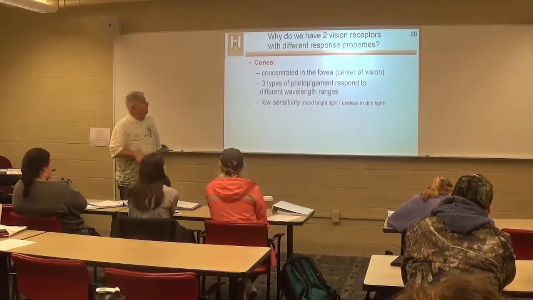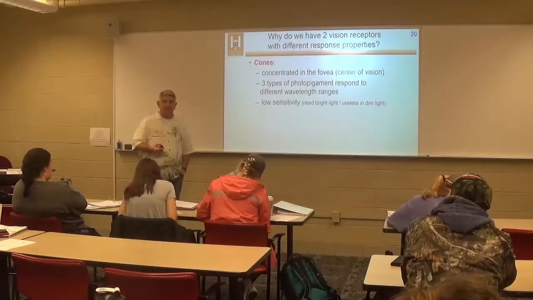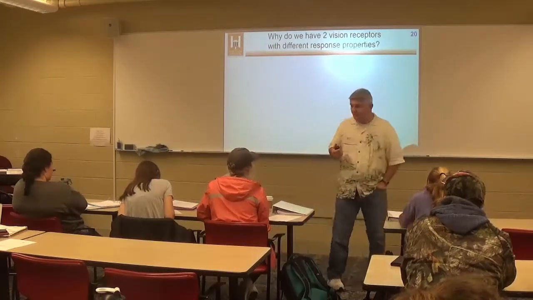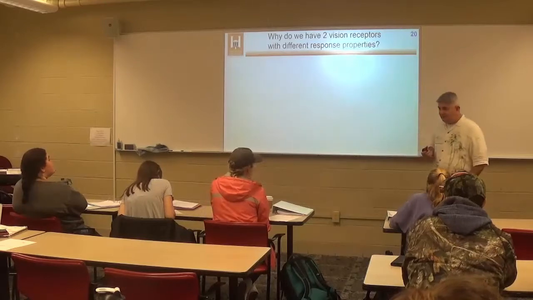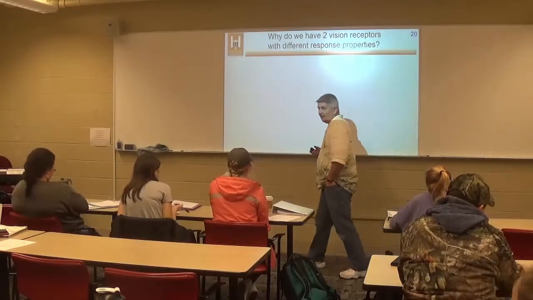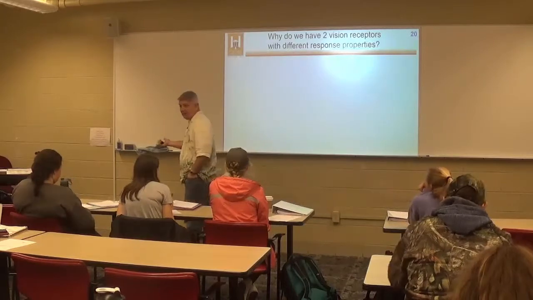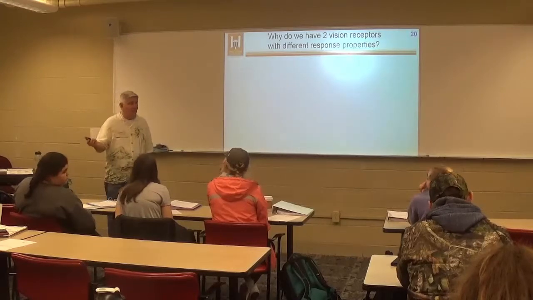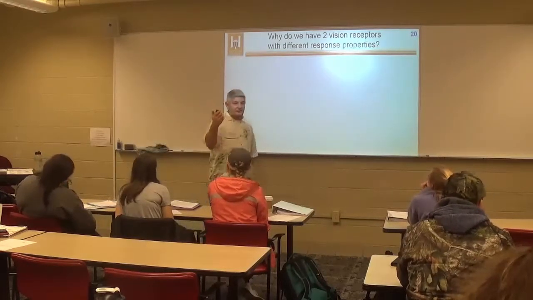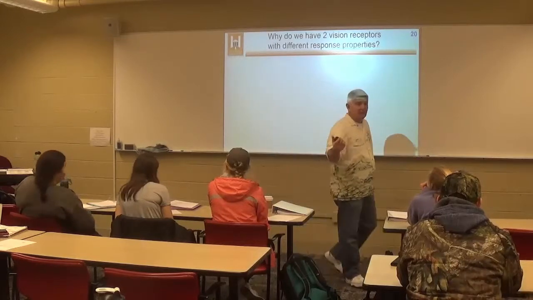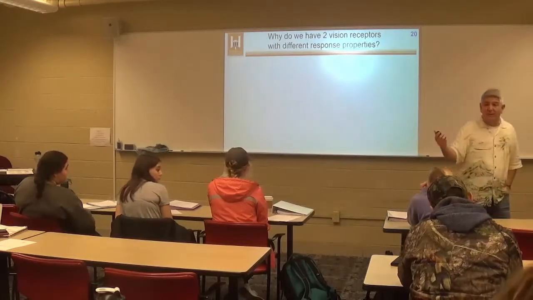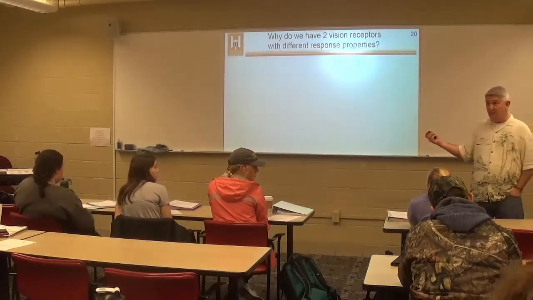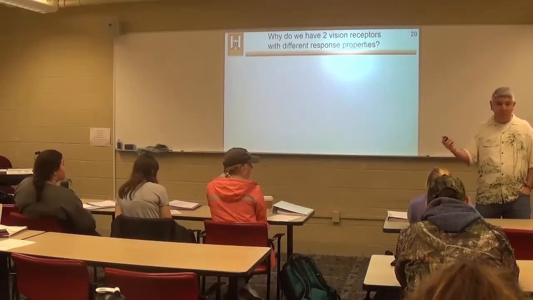All right, so why do we have cones and rods? Why do we have these two separate kinds of systems? Discrimination? Yeah, cones are good for color. What kind of world do we live in in terms of light stimuli? There's a lot of it. So when you walk outside on a sunny day at noon, how bright is it? Pretty bright.